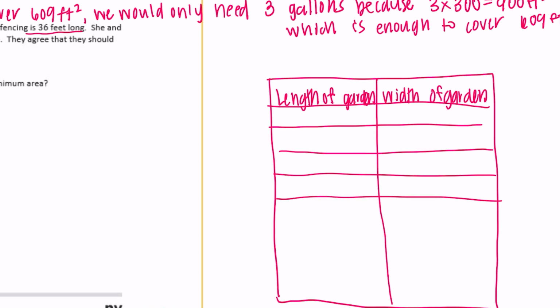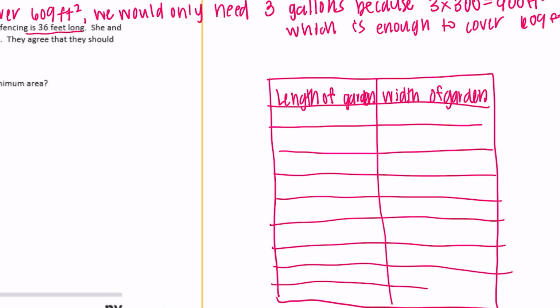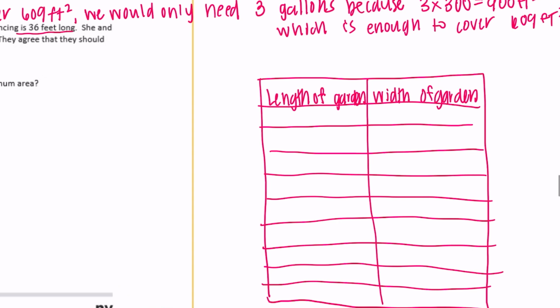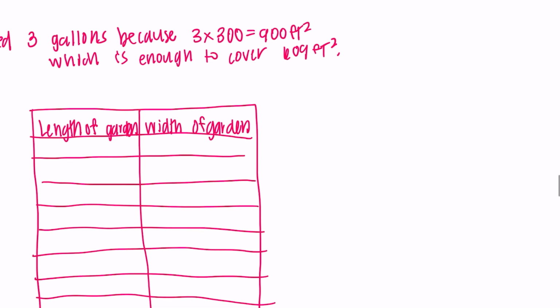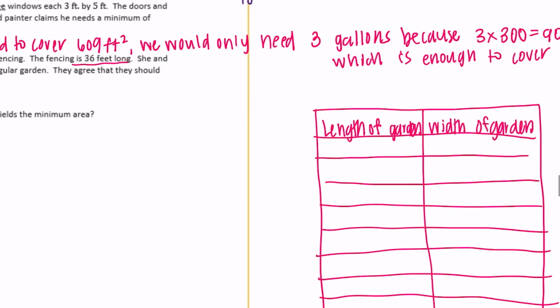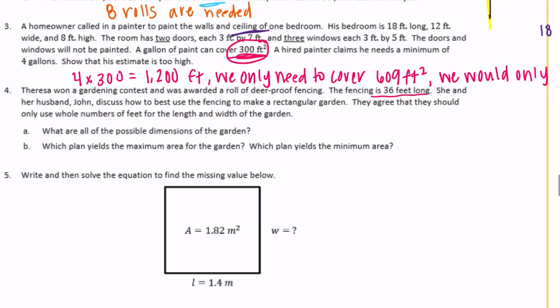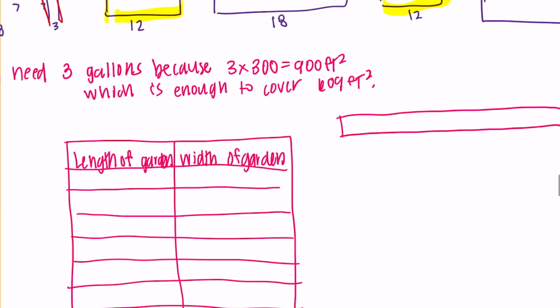I'm just going to make a bunch of lines. I don't know how many I'll need. Okay. So I'm going to start out with one that's really long and skinny. Now it says, thankfully, they should only use whole numbers of feet for length and width. So the smallest width we could possibly have is 1.